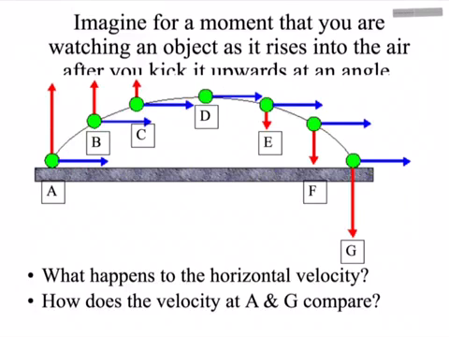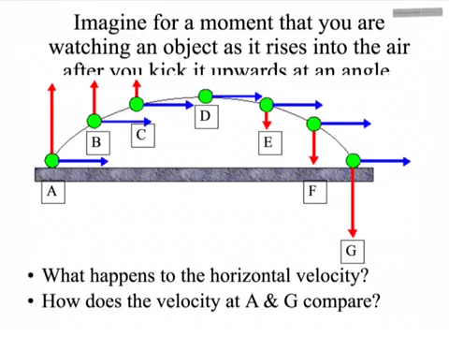Then I want to ask, how does the velocity at A and G compare? Since the angle is not 0 degrees and not 90, we have to separate horizontal velocity and vertical velocity. We have already talked about how at points A and G, the horizontal velocity is the exact same. The red arrows show what's going on with the vertical velocity.